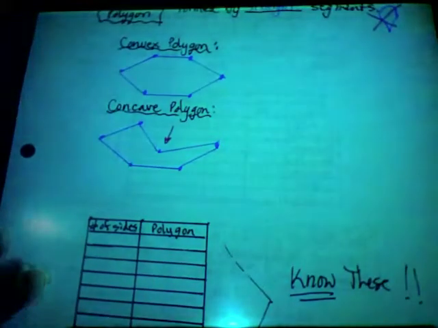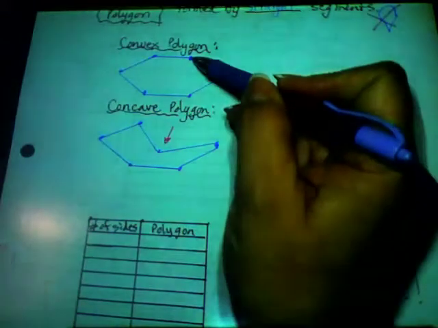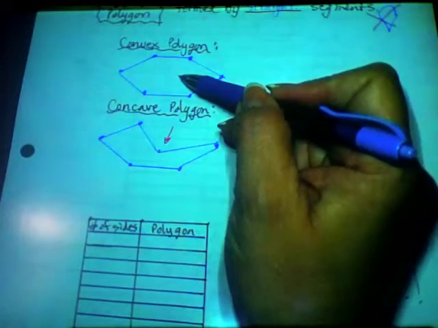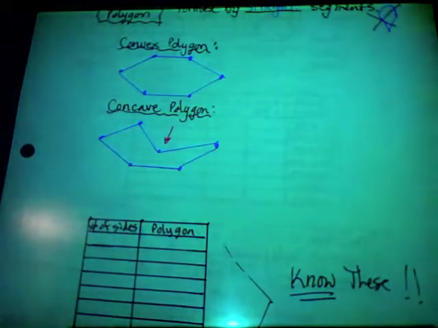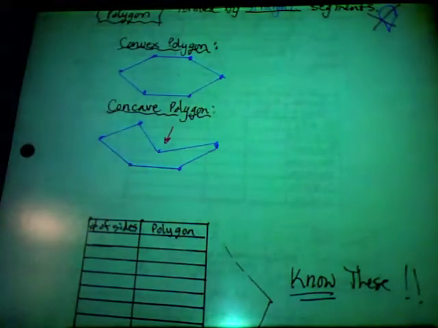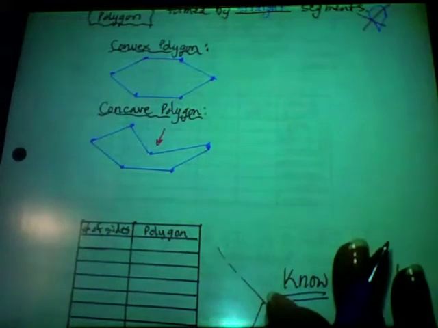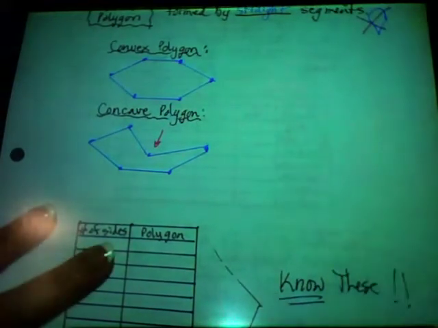So the only difference between these two polygons is this vertex right here has been pushed in to the interior. How do you know that's actually pushed in? So here's your technical definition. Ready? And then I'll show you how it actually looks with a ruler.